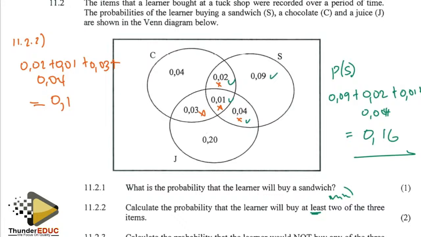Let me just do that again. Why am I getting 1.1? 0.02 plus 0.01 plus 0.03 plus 0.04. How many items? Yeah, 4. Getting 0.1. Perfect.